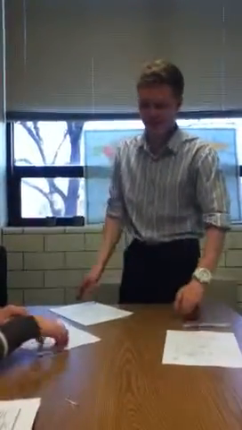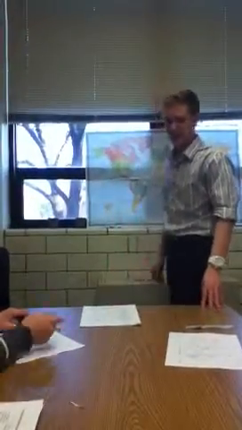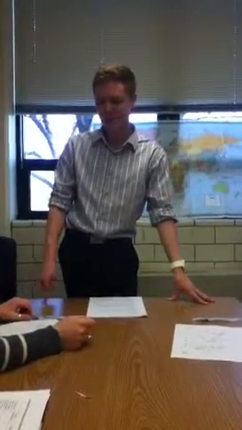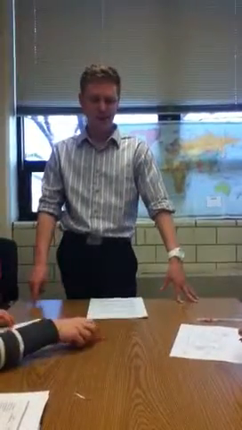All right, so we both have a map here. We have two different colored pens, and I want you guys to draw an outline where North America and South America are on the map. And I want you to write the name in with a different color pen. So mark the continent with the same color pen and write in the name.